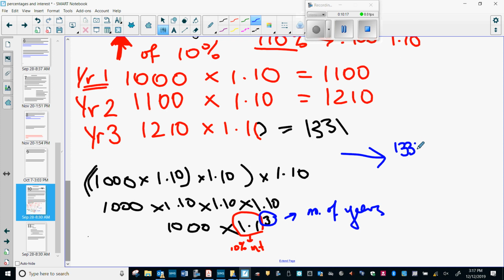So we had 1,331, subtract 1,000. So that meant that it must have been $331 interest, okay? So in a similar way to the simple interest questions, you have to read the questions carefully, you have to do the same with compound ones. Are they asking you for how much money is in the account or what the future value is? Or are they asking you just what the interest is?